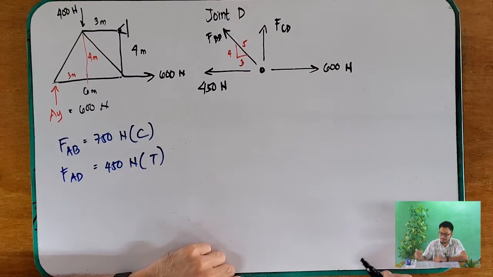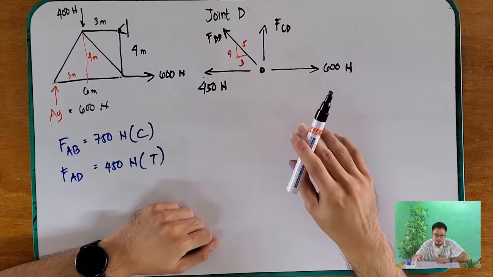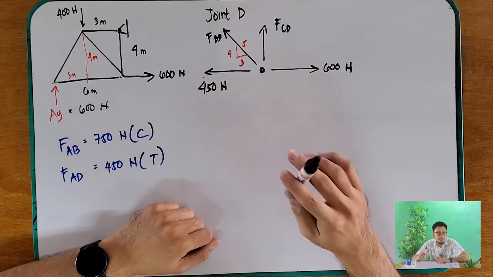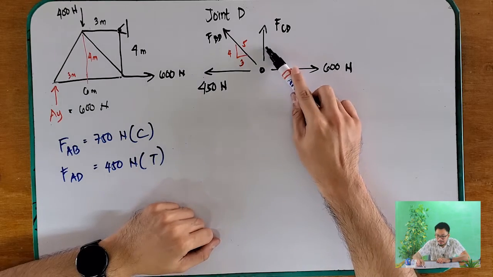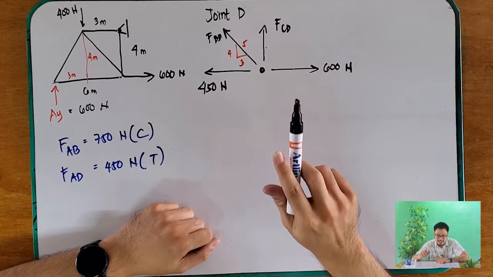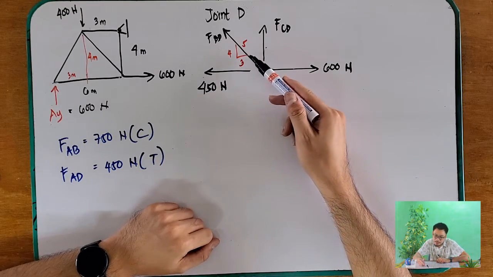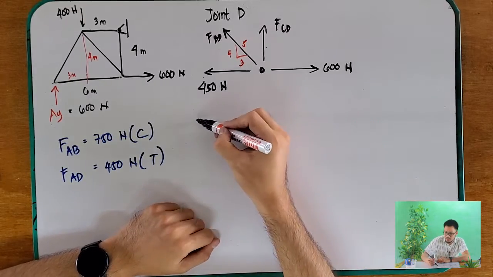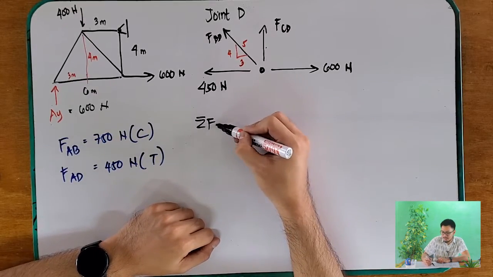Let's solve this one. So unsa ang atong unahon? Summation of forces along the x or summation of forces along the y? Kung mag-summation of forces along the y ta, we have 2 unknowns. But if we are going to use summation of forces along the x, then you only have 1 unknown. So I would recommend to use summation of forces along the x.